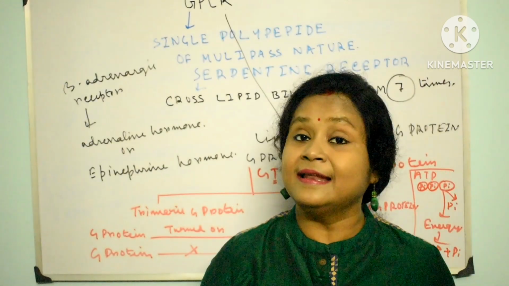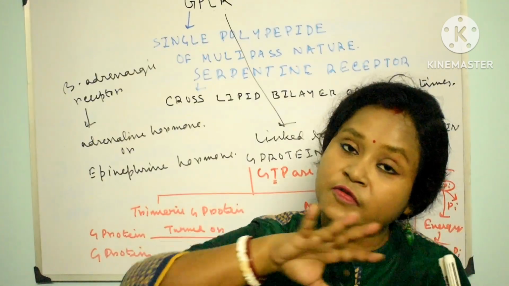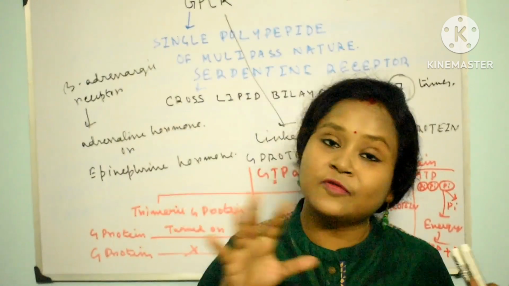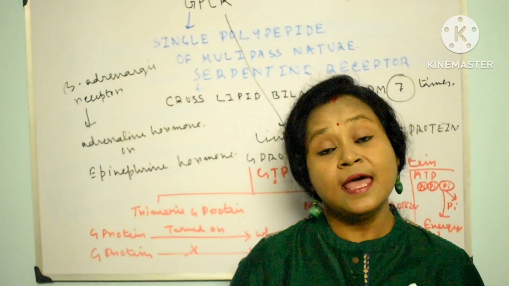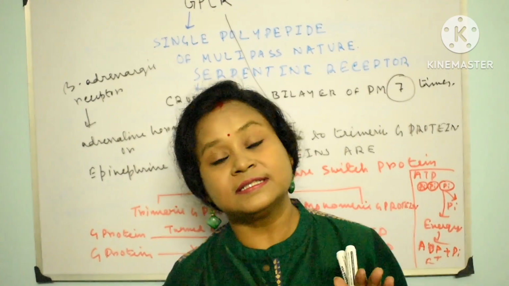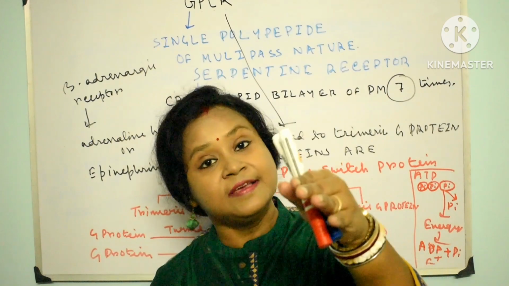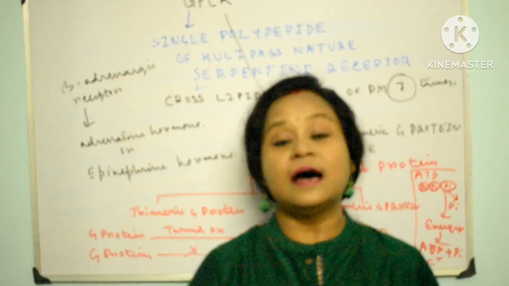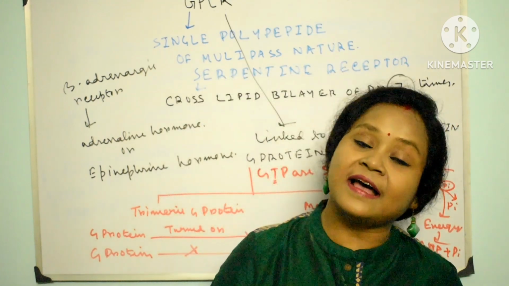Normally, when a signal is coming, the release of GDP and binding of GTP is favored by the high concentration of GTP present inside our cell.